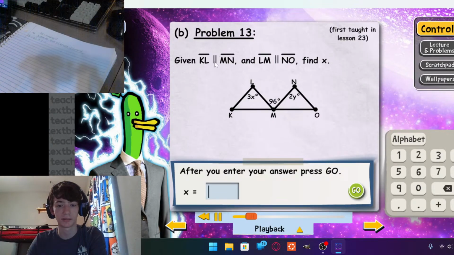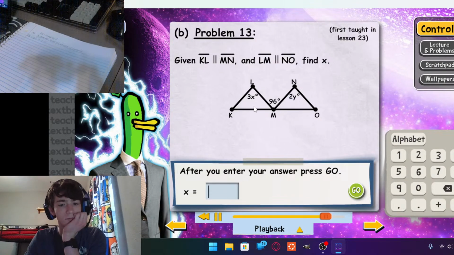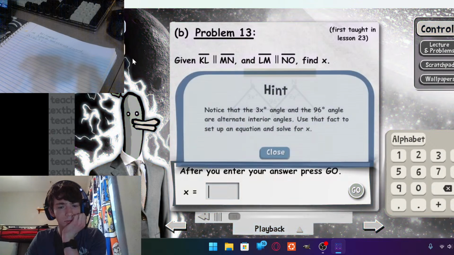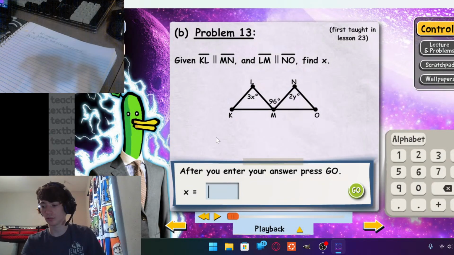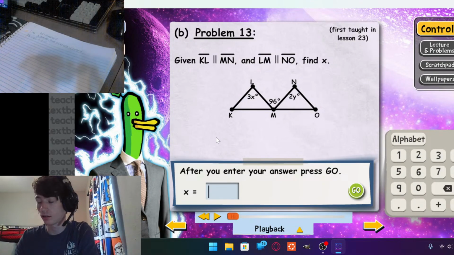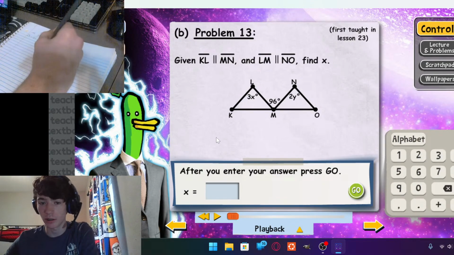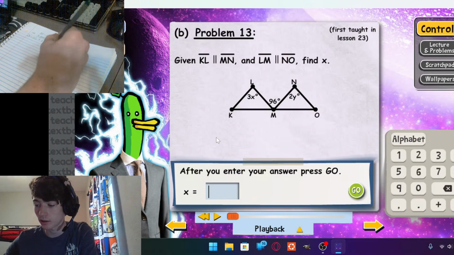Given that segment KL is parallel to segment MN and segment LM is parallel to segment NO, you need to find X. Notice that the 3x degree angle and the... Okay, here's some actual calculations that need to be done. So 3x equals 96.